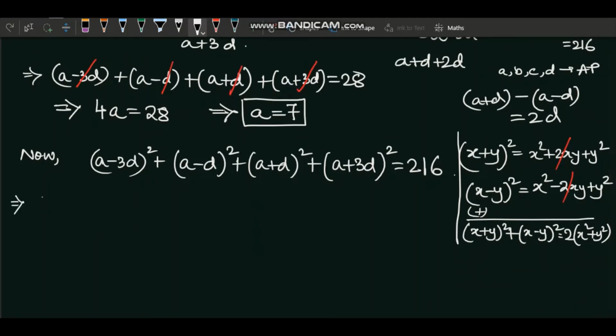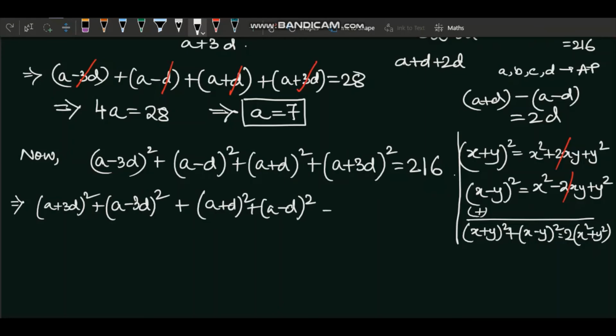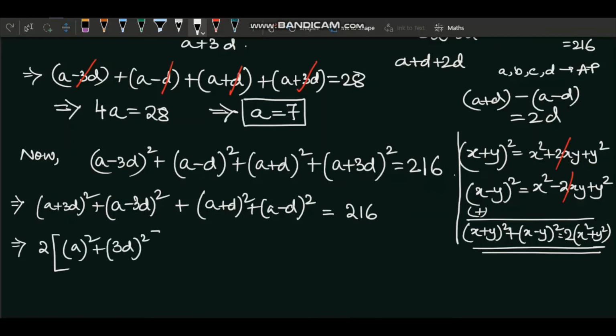So we can write it as (a plus 3d) whole square plus (a minus 3d) whole square, and (a plus d) whole square plus (a minus d) whole square, and this is equal to 216. Applying this identity, we get twice of (a square plus (3d) whole square) from the first two, and from the next two we have twice of (a square plus d square), equal to 216.